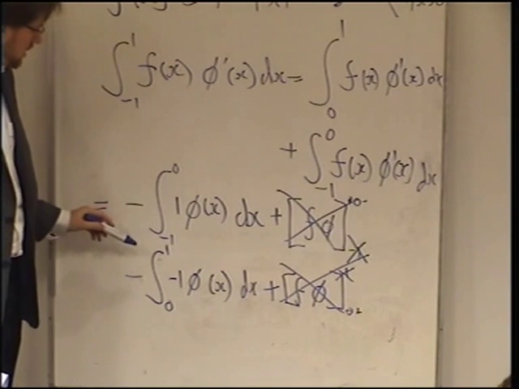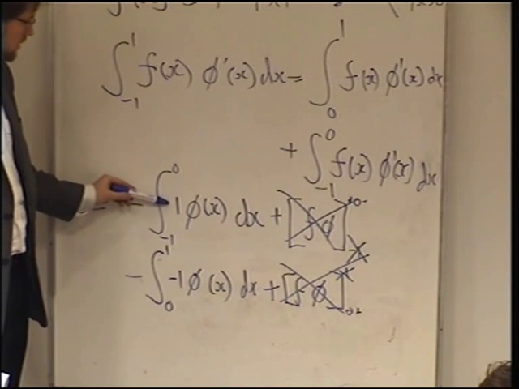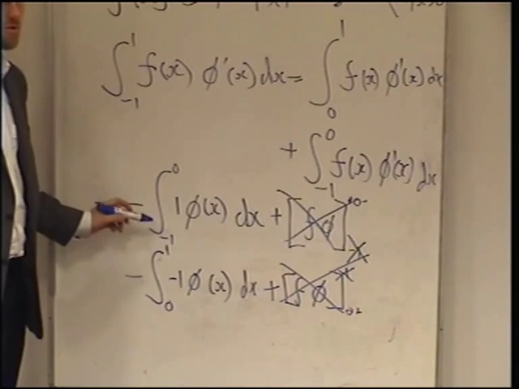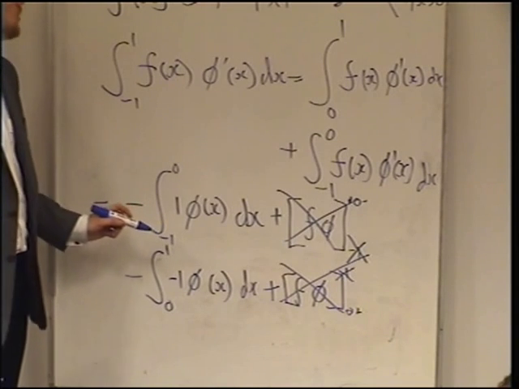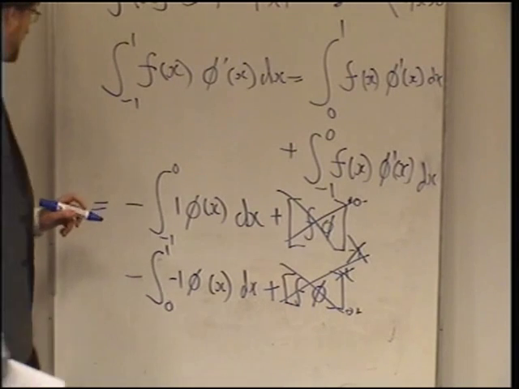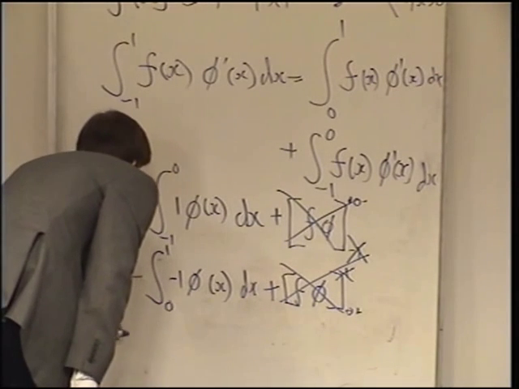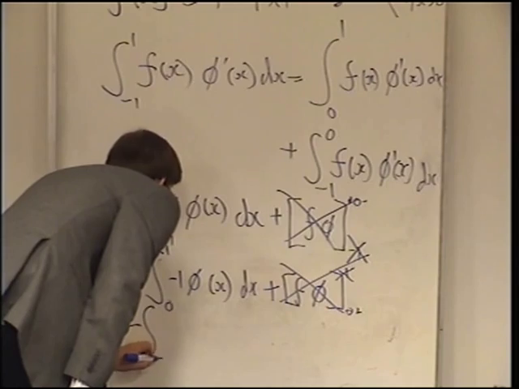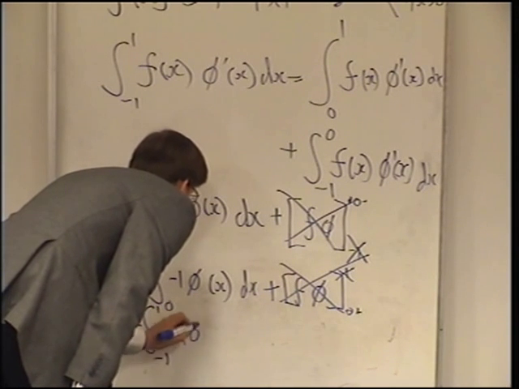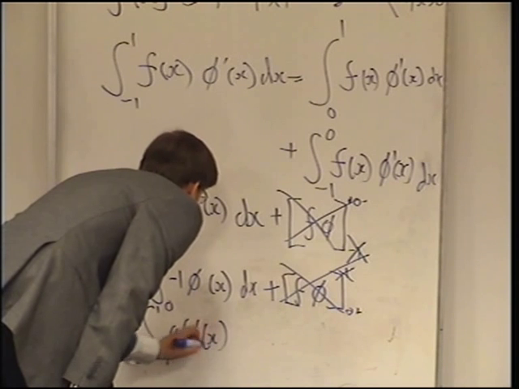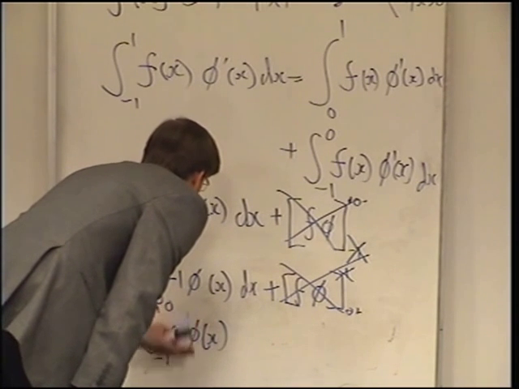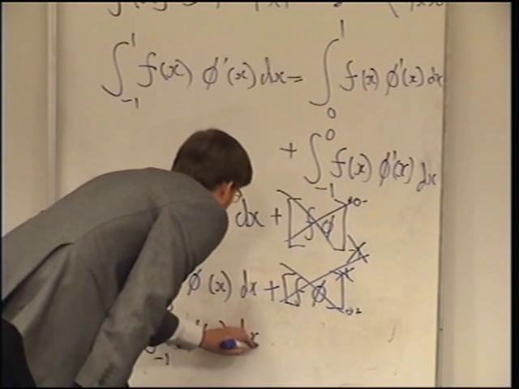I've got a function which is 1 on the range -1 to 0, and -1 on the range from 0 to 1. And we already gave that function a name, we called it g. So this is equal to minus the integral from -1 to 1 of g times phi of x. Whoopsies, I've got an extra dx.